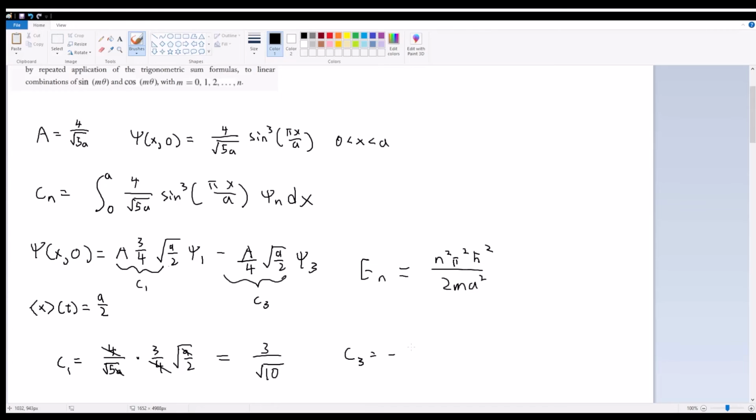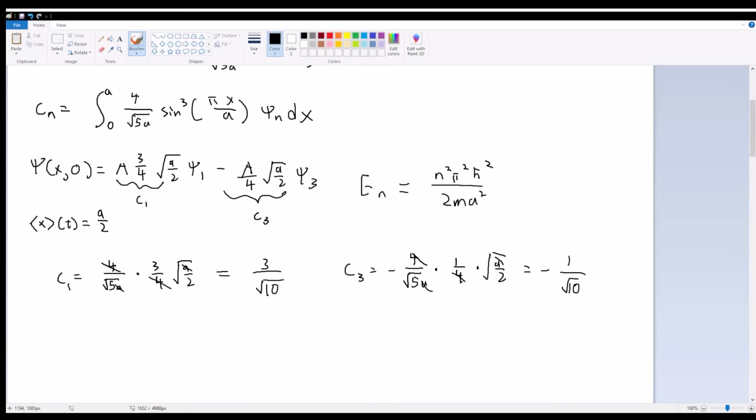And then C3 is going to equal negative 4 over square root 5a times 1/4 times square root of a over 2. The a's cancel, the 4's cancel, we get negative 1 over root 10. Then we can recognize that the probability of being in any given stationary state when we measure a combination is going to be equal to the magnitude squared of the c terms as we've determined way earlier on back in chapter 2.